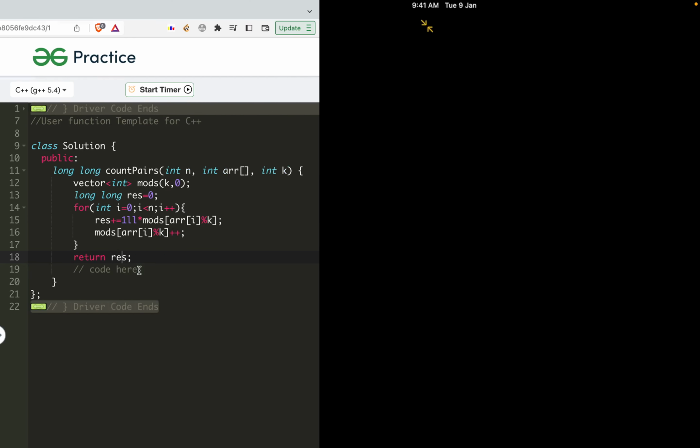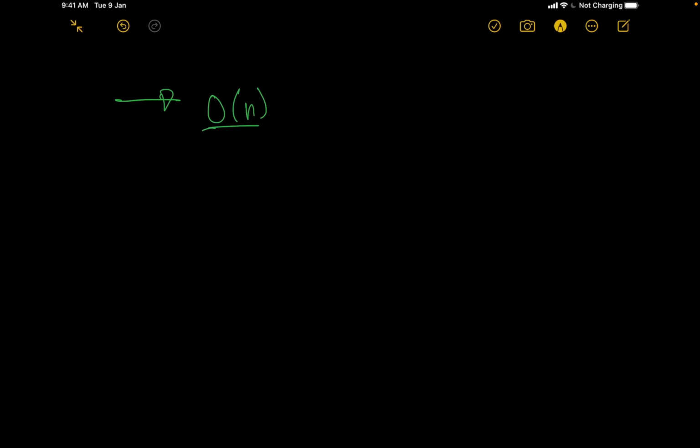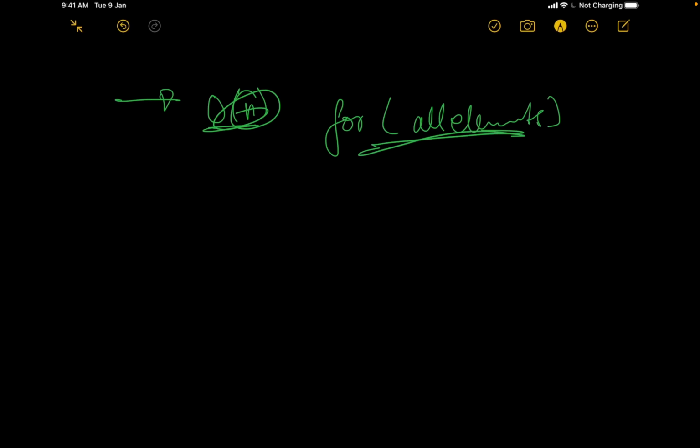Now let's try to develop an algorithm for this. What would be the naive algorithm, or the algorithm that comes to your mind at first, in a brute force manner? We can traverse through all the elements of the array, and I'll be checking all the elements inside this loop, all elements except the outer one, so let's say except i.